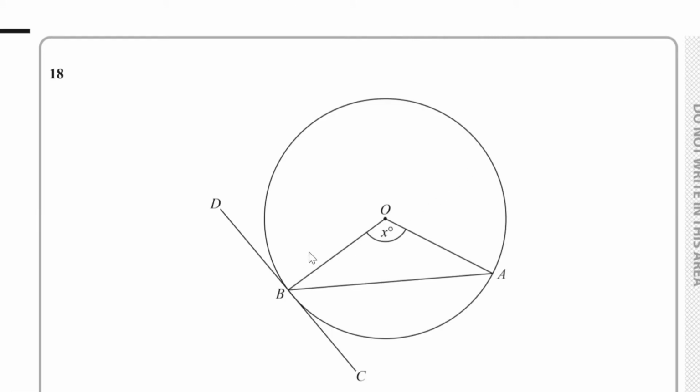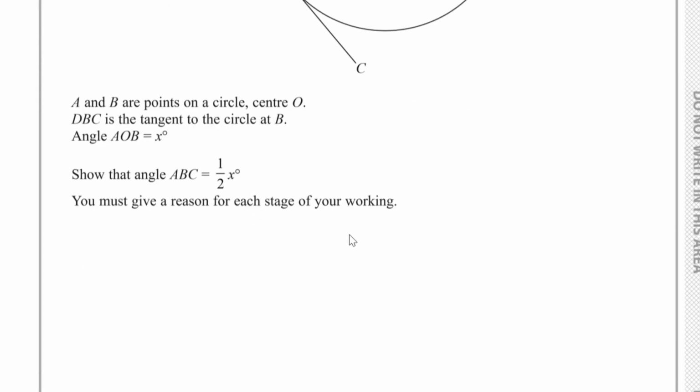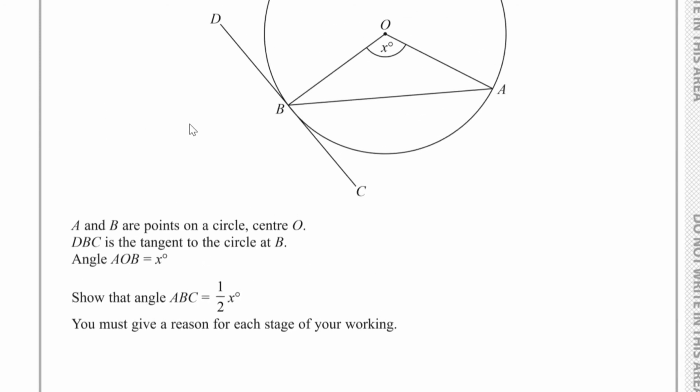Question number 18. A and B are points on a circle with centre O, and DBC is a tangent to the circle at B. The angle AOB is x, and we have to show that the angle ABC is 1/2 x. You must give a reason for each stage of your working.